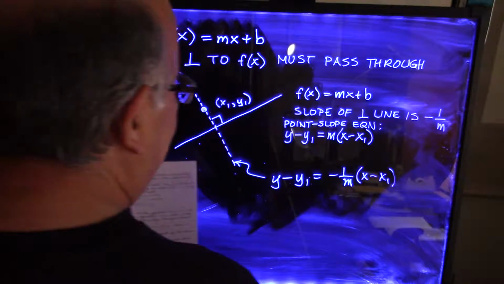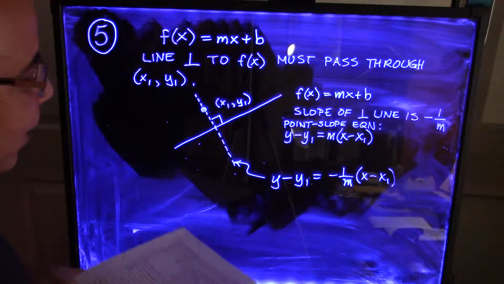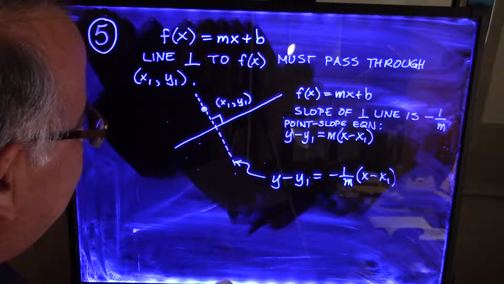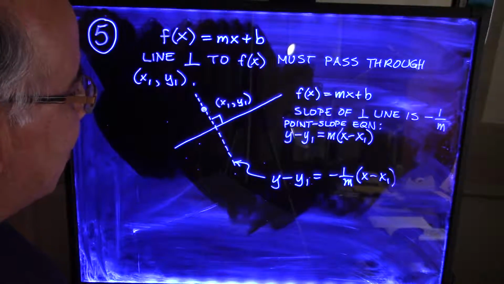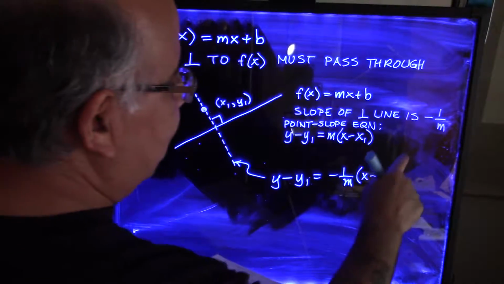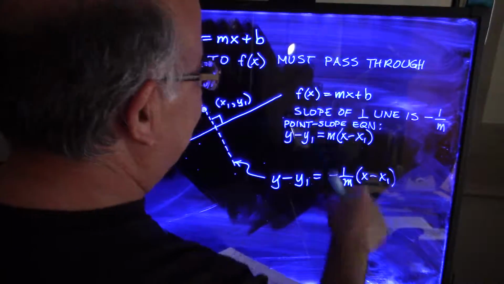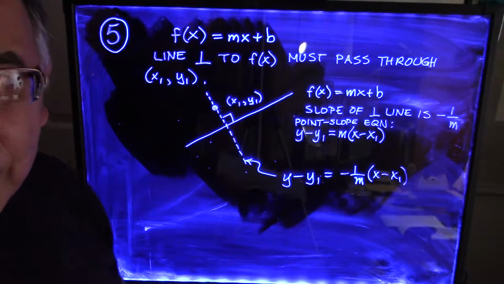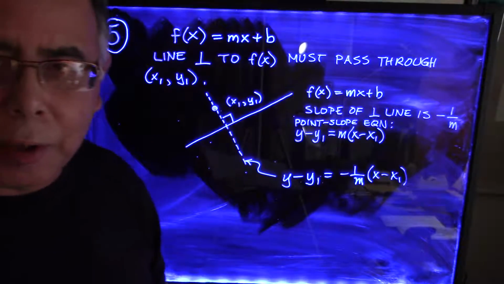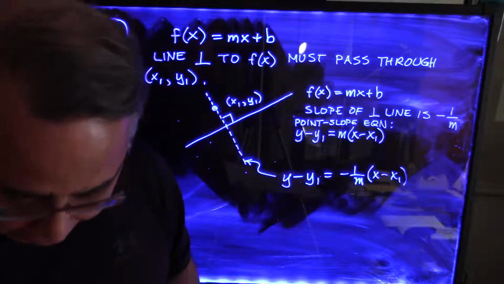It's already pretty much written out for me. If you know the exact coordinates of x1, y1 as numbers, and the exact slope as a number, then you can plug these numbers into this equation, and that gives you the equation of your perpendicular line.